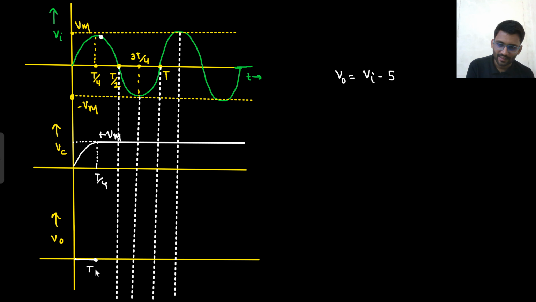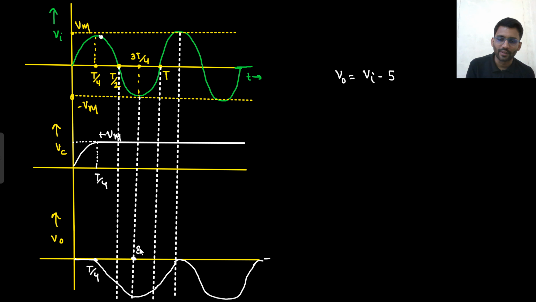So let's try making the waveform. Okay. So at 3T by 4, I need to make minus 10. So like that it will be going. I hope you have understood the point. You are not much interested in the waveform, but you are interested in the concept, right?